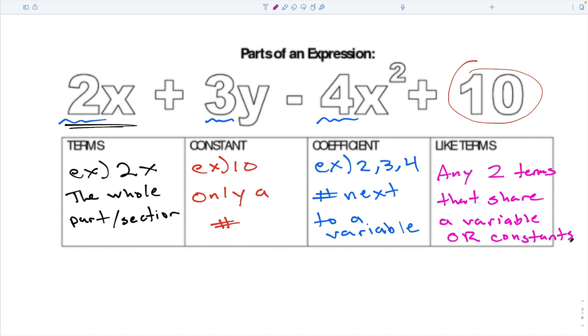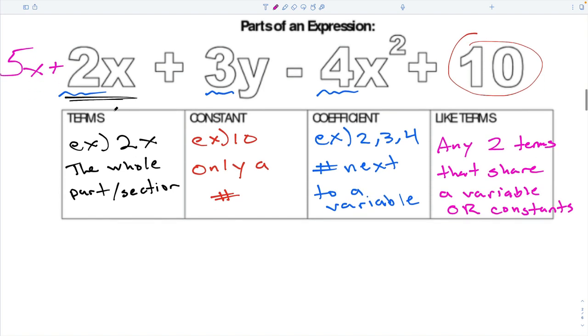Like terms in this one would be none of them. There are no like terms, but the moment I add something like this to the problem, let's say I put a 5x right here, and I'm just going to add it to the side. Why is this now a like term with the 2x? Because they can combine. And why can they combine, Daniel? They both have an x. They both have the similar variable.